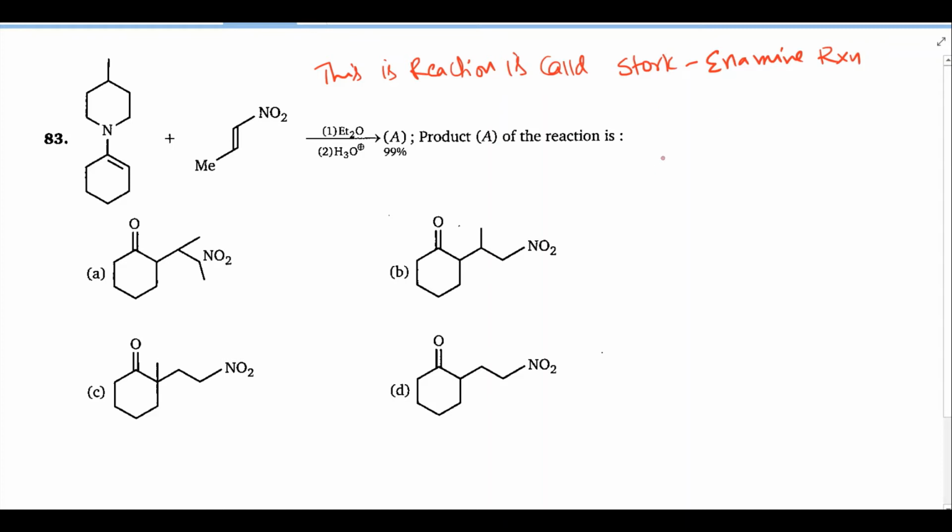Here I am writing the reactant. You can see this is the ring. Here there will be a bond, and there is nitrogen connected to the conjugated double bond.